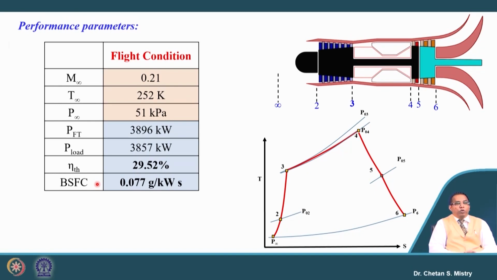Now here also you can do the parametric study. This parametric study will focus on parameters like changing the pressure ratio of the compressor and changing the turbine entry temperature; these two variants are possible. With the interest of time, and looking at the session for this week being 5, we will not be discussing the effect of various parameters on performance.